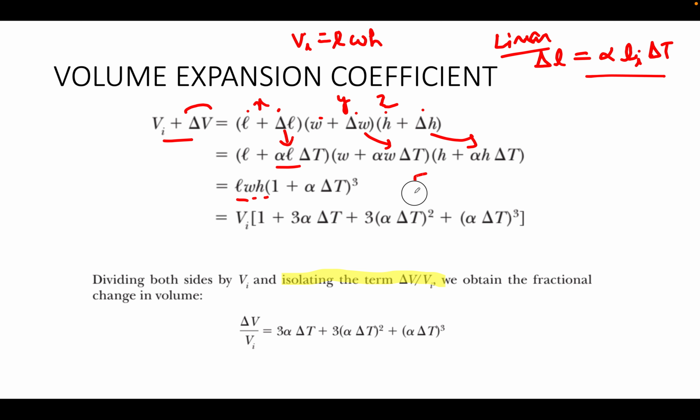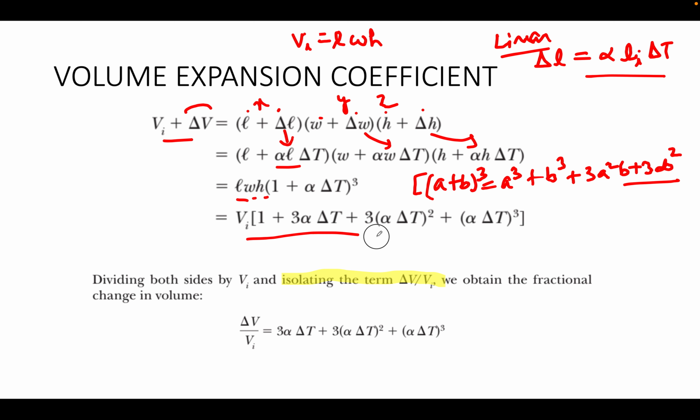Now putting the formula of (A plus B) whole cube, we know as per the maths, it's equal to A cube plus B cube plus 3A square B plus 3AB square. Now putting these values here, we have reached this particular equation: Vi times (1 plus 3 alpha delta T plus 3 (alpha delta T) whole square plus (alpha delta T) whole cube). So this is the final volume which is attained.